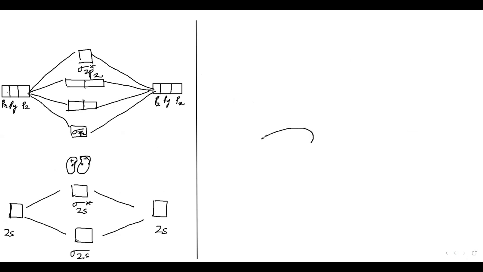Sigma 2s will be like this, positive. This is sigma 2s. This is what? Positive. Now this is what? Sigma 2pz. Correct?